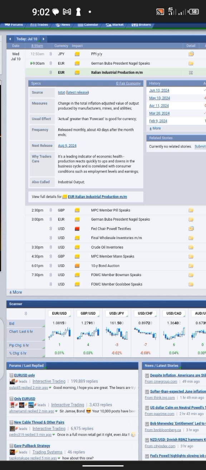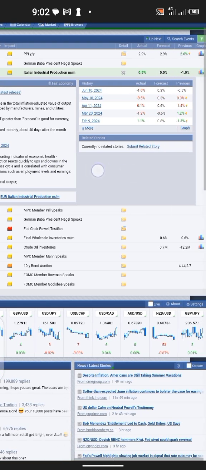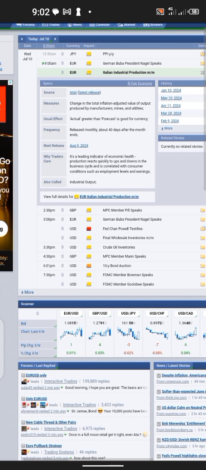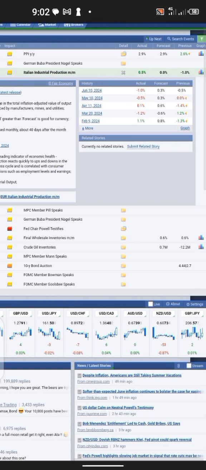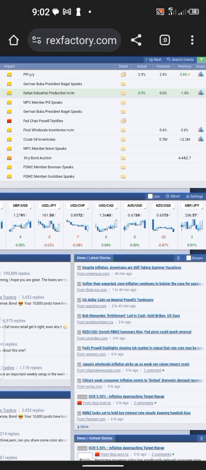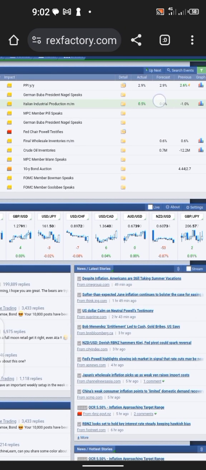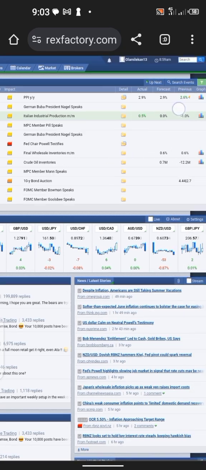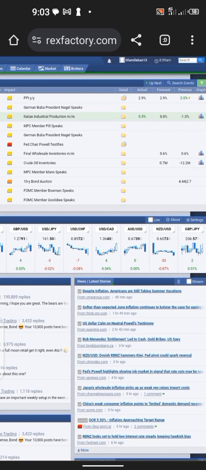Actual greater than forecast is good for the currency. If the actual release is greater than the forecast by the website, then it's good for the currency. So try to check the details about the news. This is the actual, this is the forecast, this is the previous, and if you want to look at the graph of the news, this is the graph.